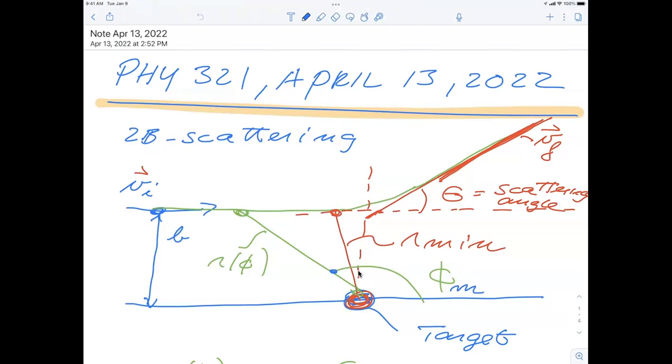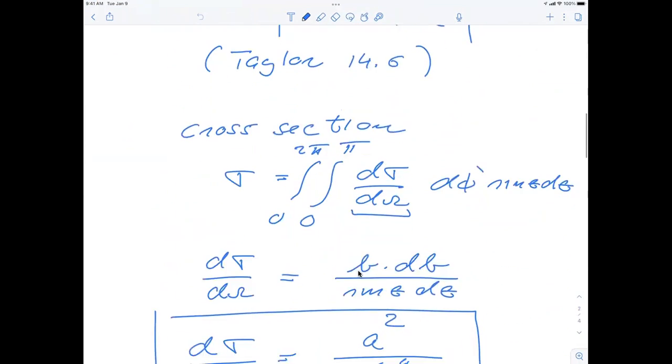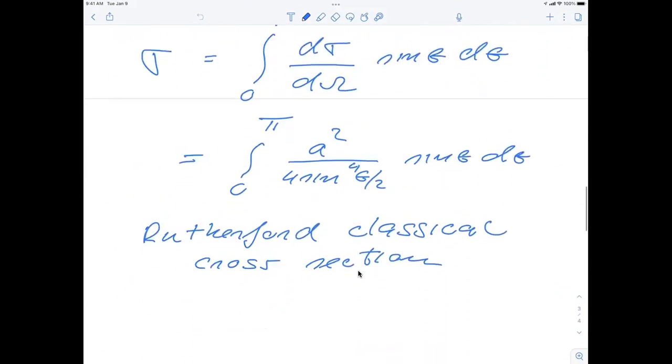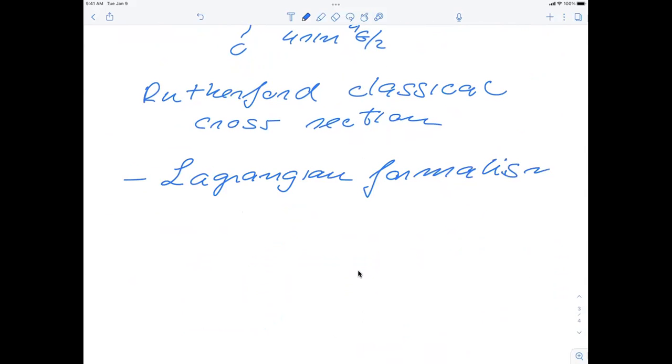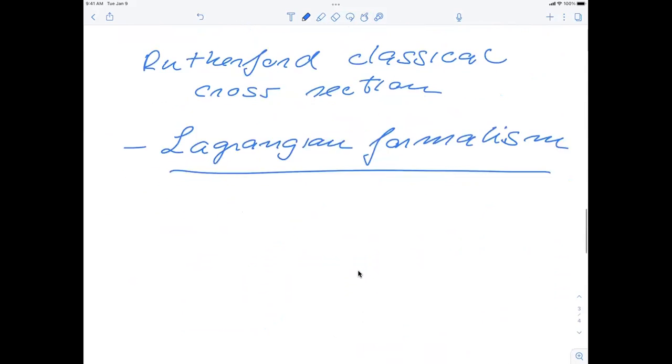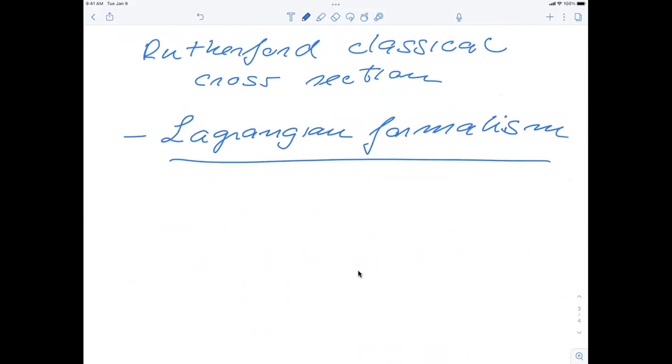Okay, so let me switch to the Lagrangian formalism. And this is going to be the final topic for the rest of the semester. So the Lagrangian formalism. And this leads to also what's called the Hamiltonian formalism. There are some basic things here which we need to go through.